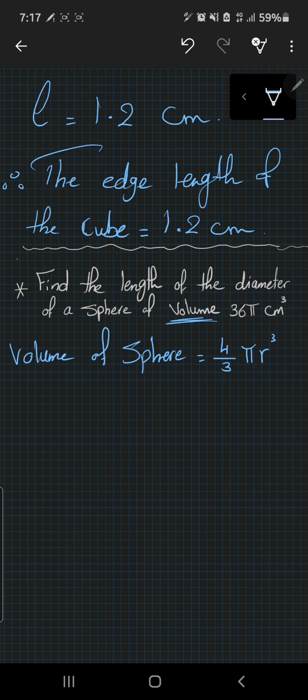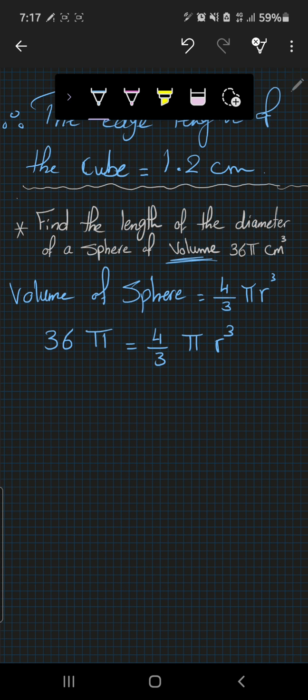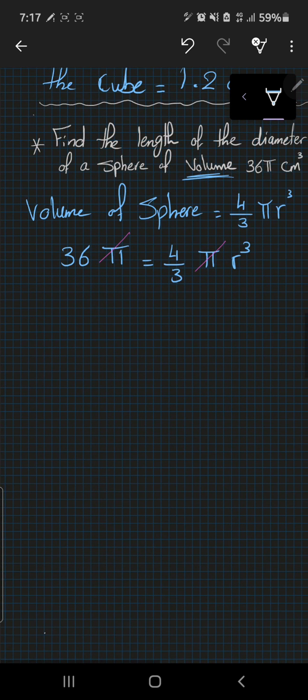So cancel volume of a sphere and write 36 pi equals 4 over 3 pi r cubed. Divide by pi on both sides. So cancel pi with pi. Okay, the result will be 36.